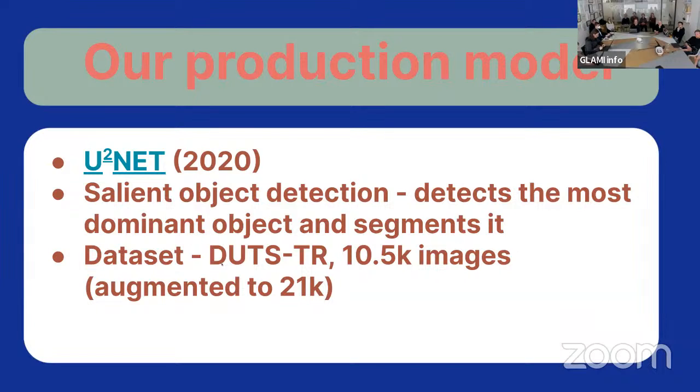It first detects which of the items is the most dominant object on the image, and then it segments it. And we need it for the difficult images like the scene I showed you before. Maybe fun fact: U2-Net was trained on not so many images, but it was good enough.